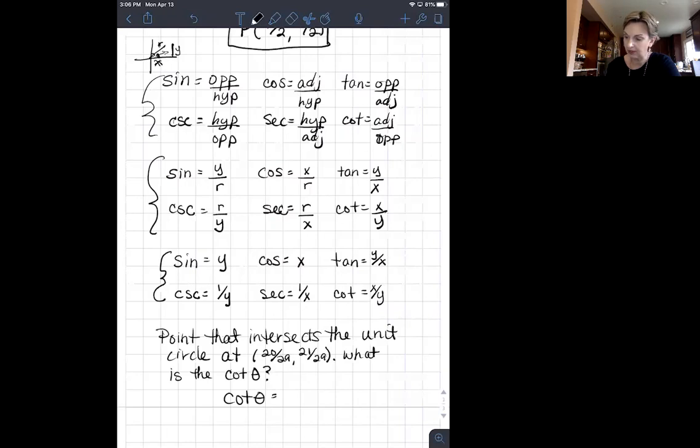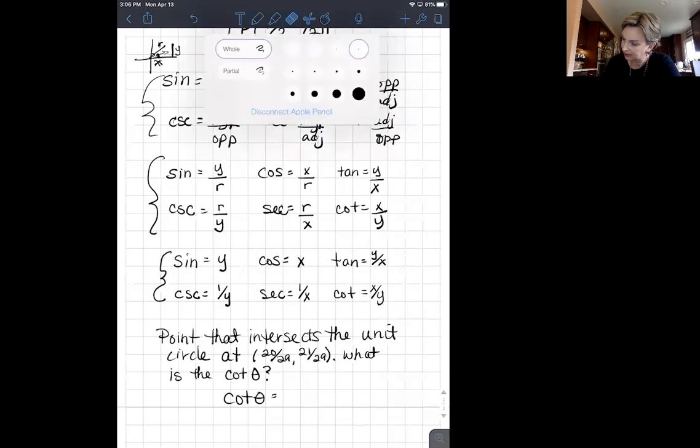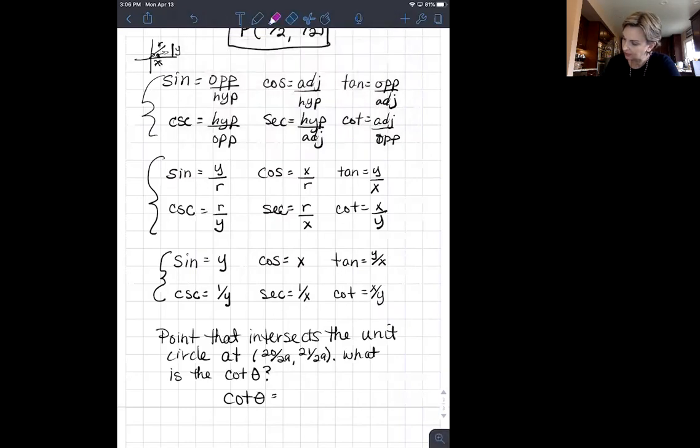So we can just plug that in. Cotangent we have right up above there. It's x over y. The x they've given us is 20 over 29, and y is 21 over 29.